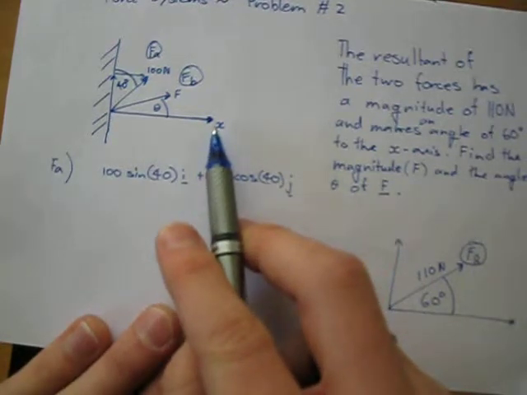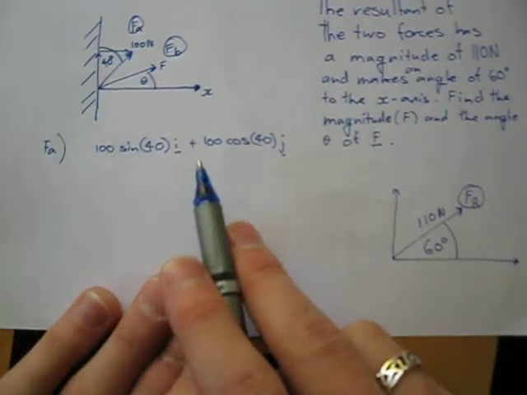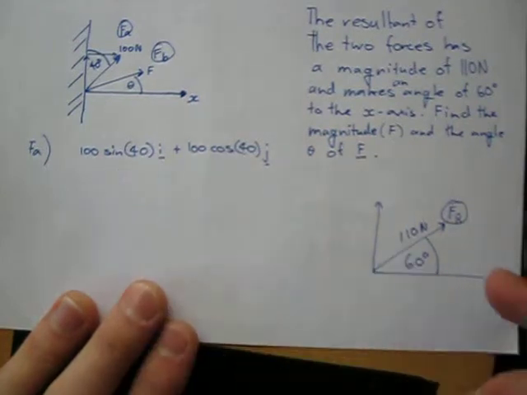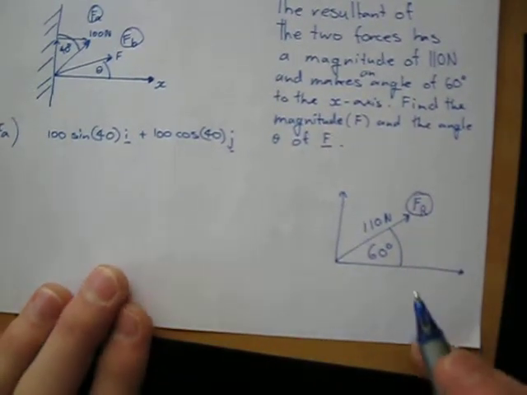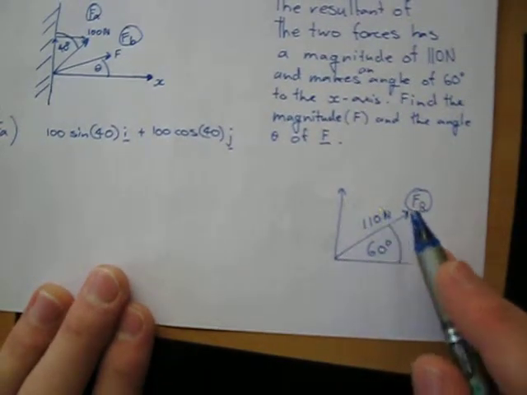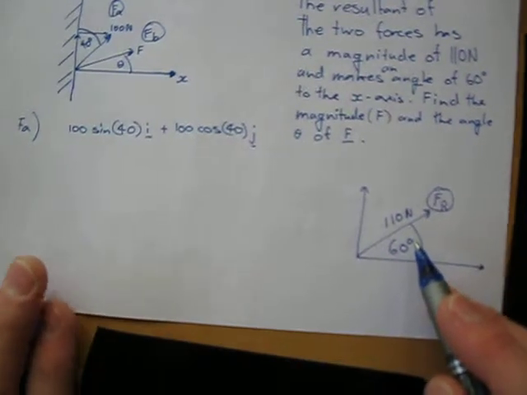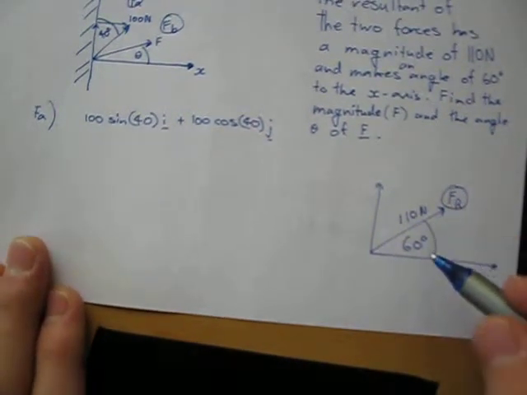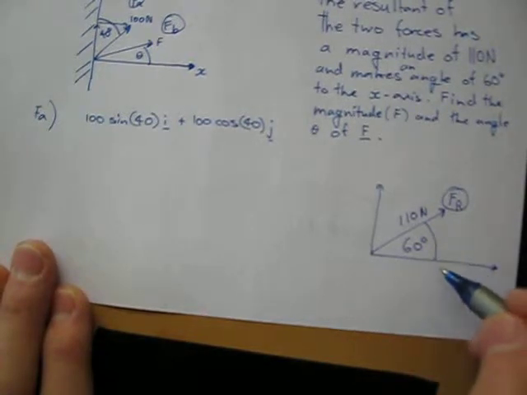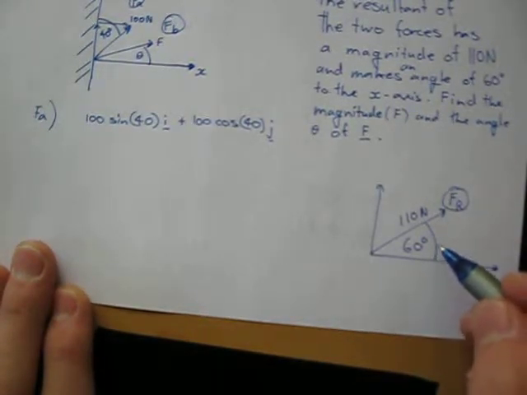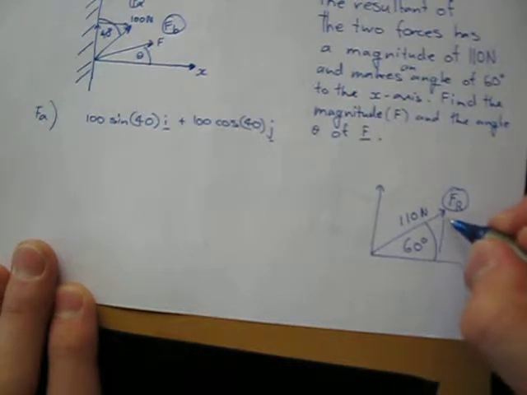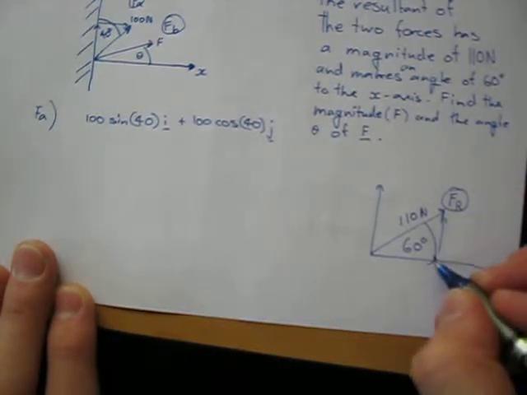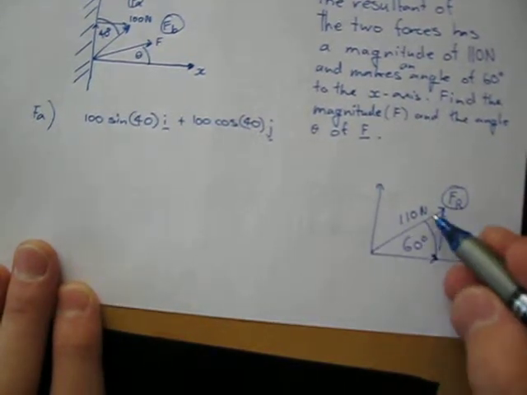Sometimes they do put an X-axis here, but you always resolve your forces into I and J. That's just the engineering notation for them. So right, what we can do here is we can resolve this one into I and J. That's quite simply 110 cosine 60 gives us an I, and 110 sine 60 gives us our vertical. Just like that. Head to tail resultant.